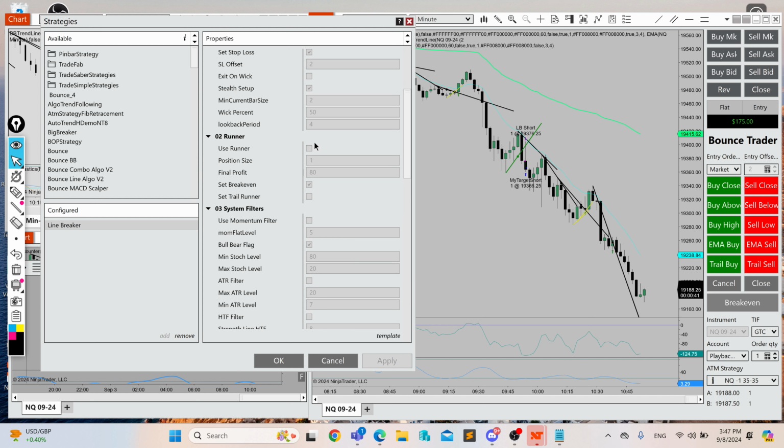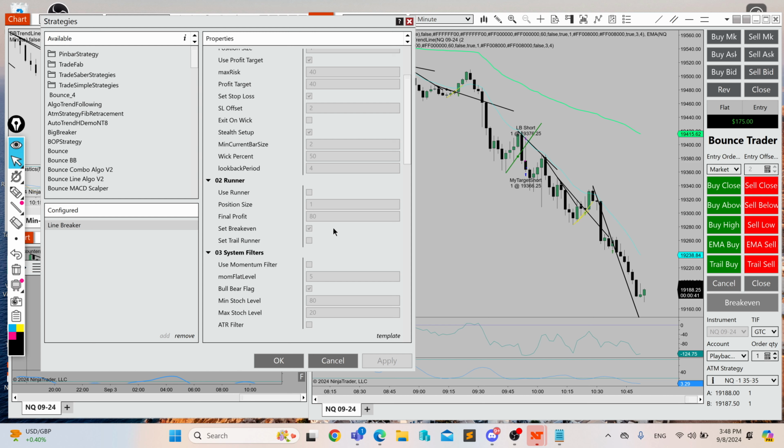You can also enable a second position. That's the way to run this strategy as a runner. I think I still need to do a little bit more work on this runner.